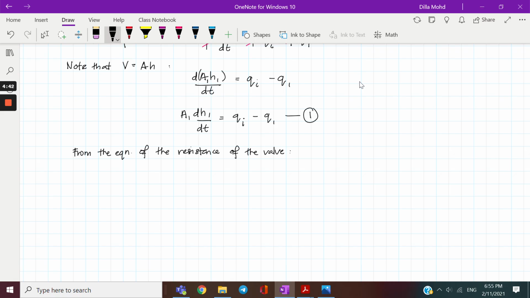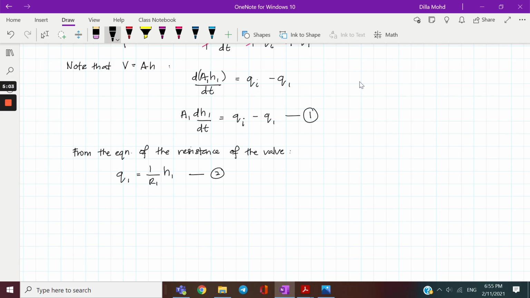What you have is Q1 equals 1 over R1 multiplied by H1. This is equation number 2. You get this equation from equation 2.57.